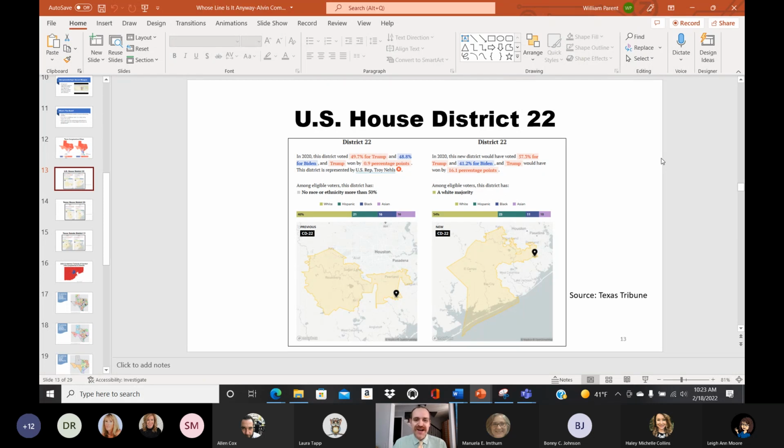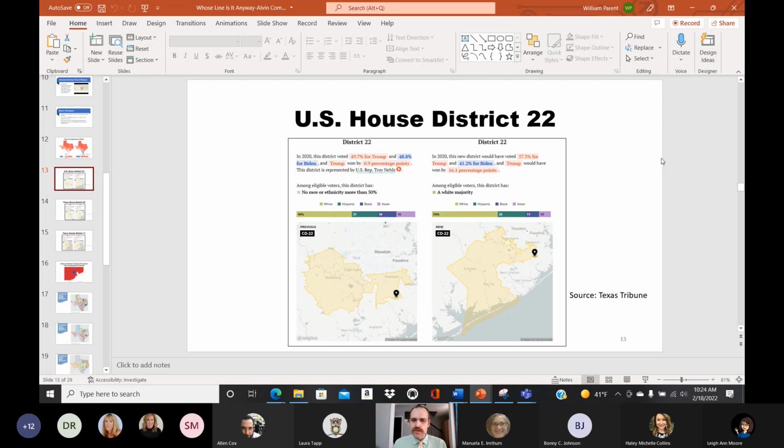Oh, excuse me, yes, okay. So I'm glad that I stumbled over this. That's not a misprint. So what we're trying to say here is the constituents in District 22, 49.7% voted for Trump. Actually, the district went for Biden, and yet Nehls defeated the Democrat candidate there.